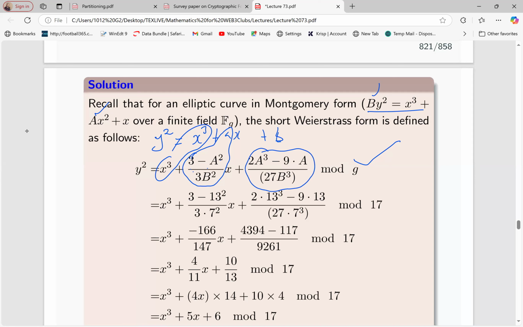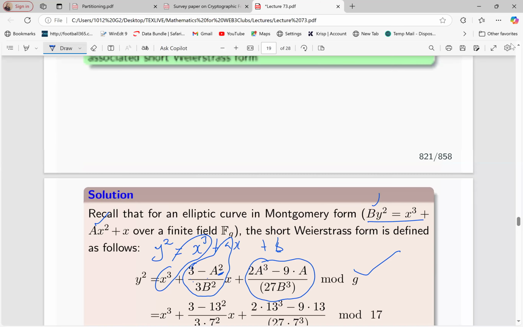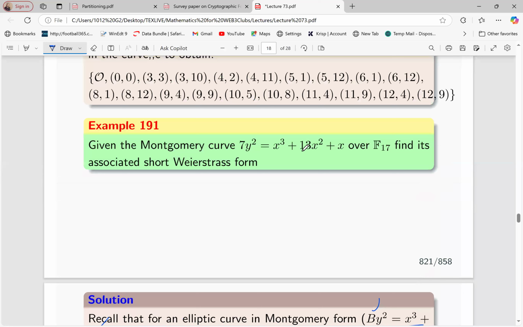So that's what I did here. I just substituted A and B from the question given to us, where A is 13 and B is 7, and we are doing it mod 17.